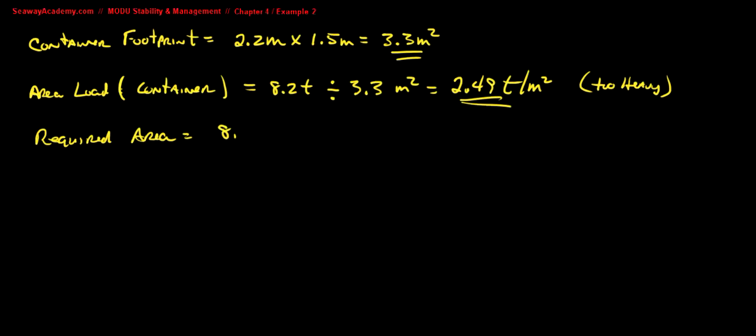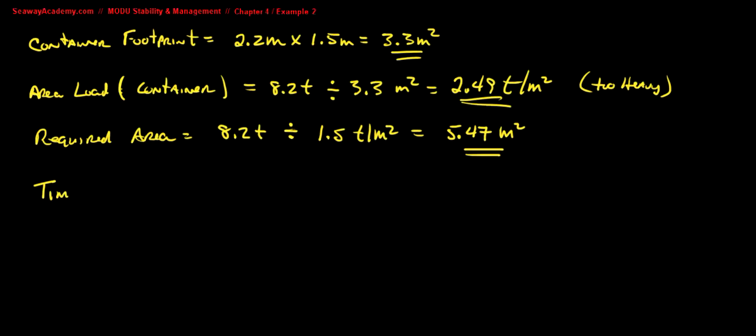We take the weight of the container, 8.2 tons, and divide it by the maximum area load, 1.5 tons per meter squared. So 8.2 divided by 1.5, we get 5.47 square meters. This is the required area in order to support this container.